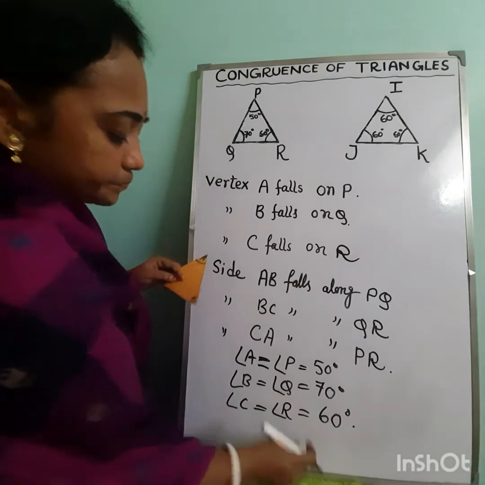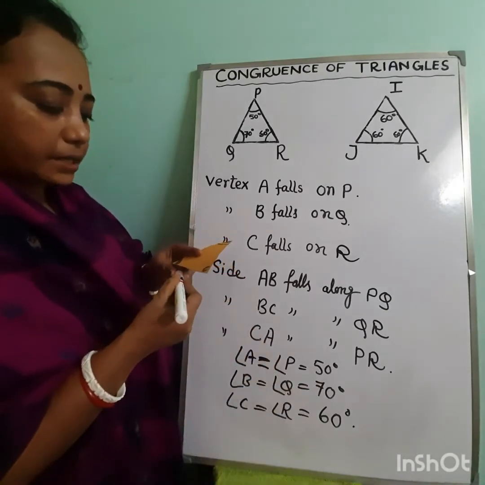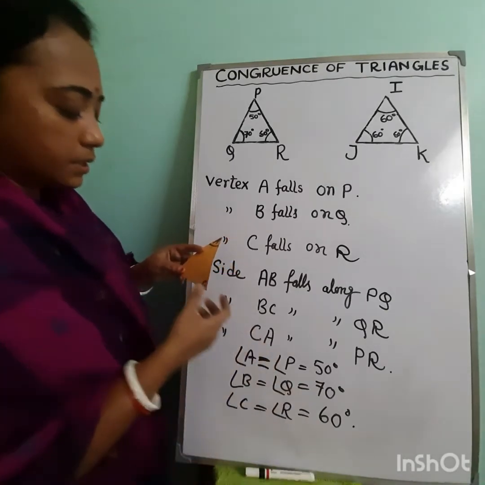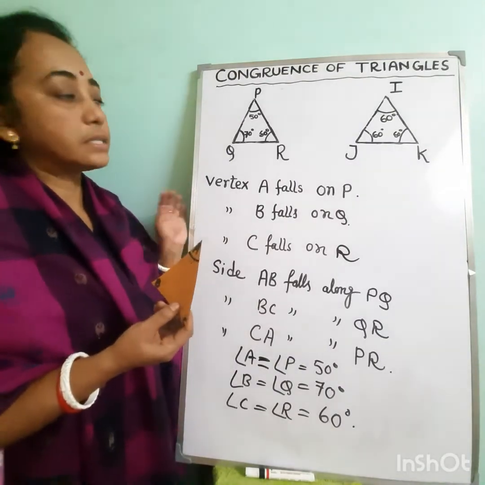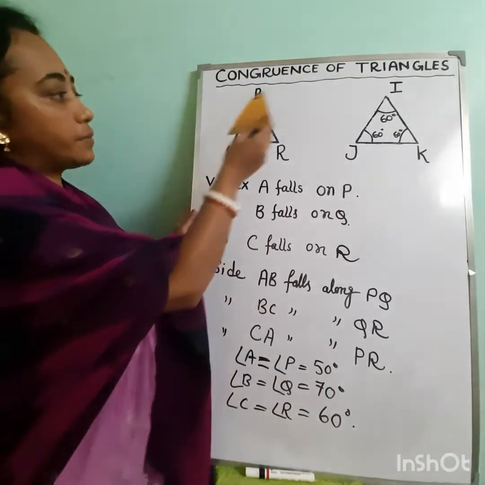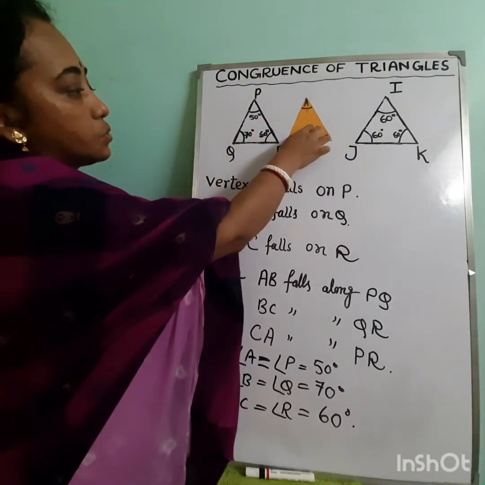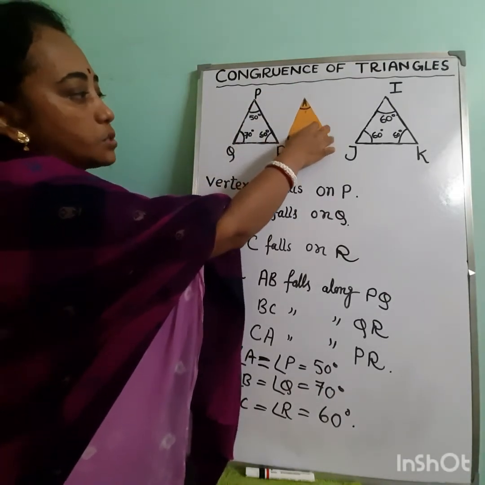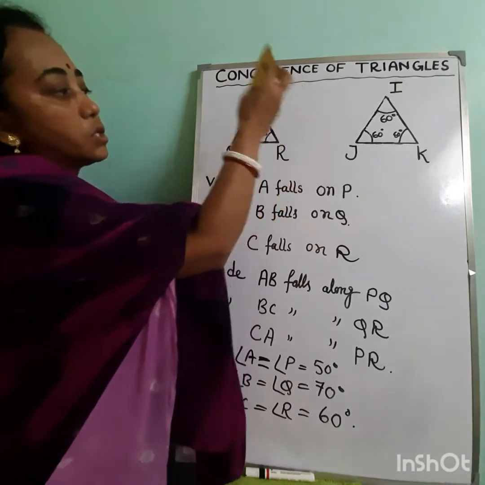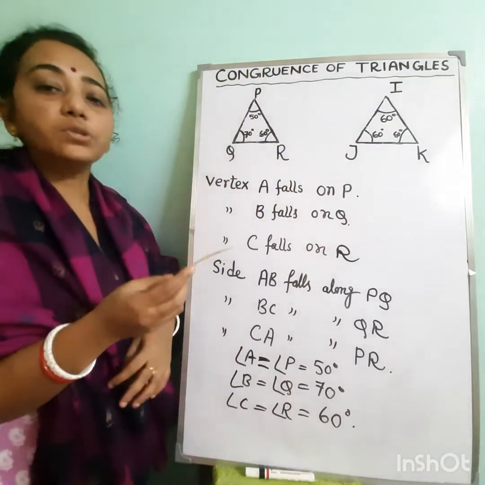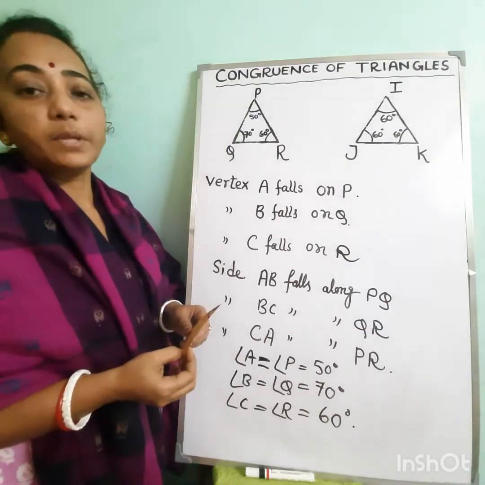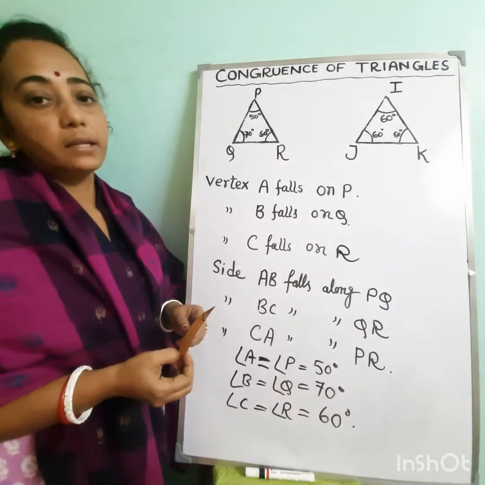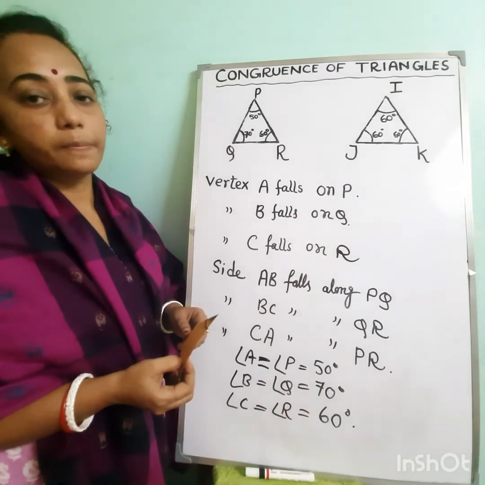That means if triangle ABC completely covers triangle PQR, they have the same shape and size. Both have the same shape and size. So they are congruent. As we know, two plane figures, if they have the same shape and size, then they are congruent.